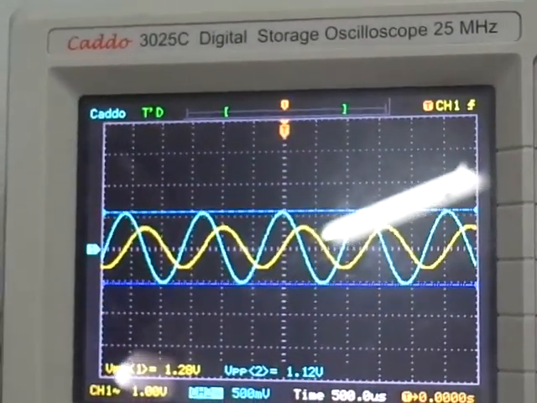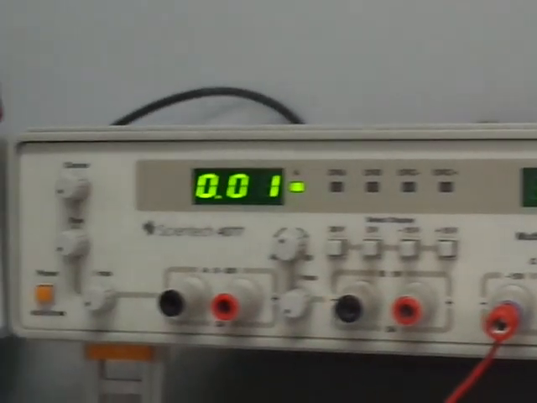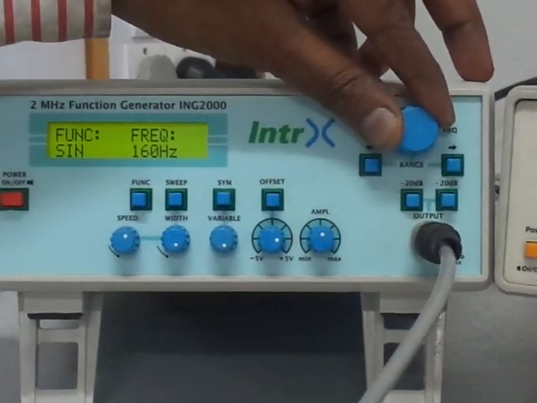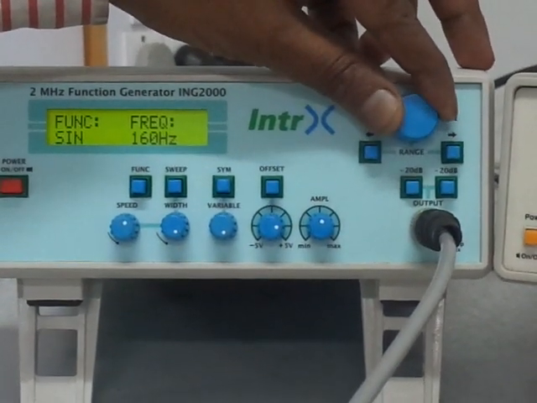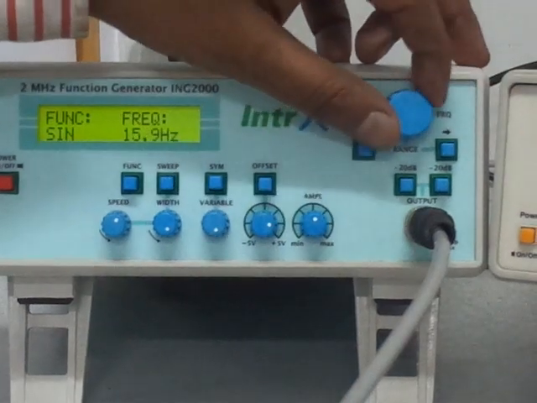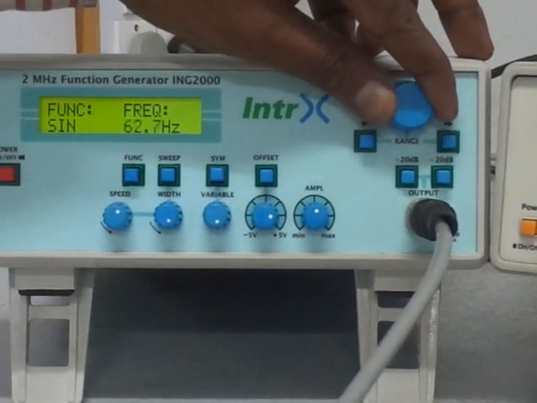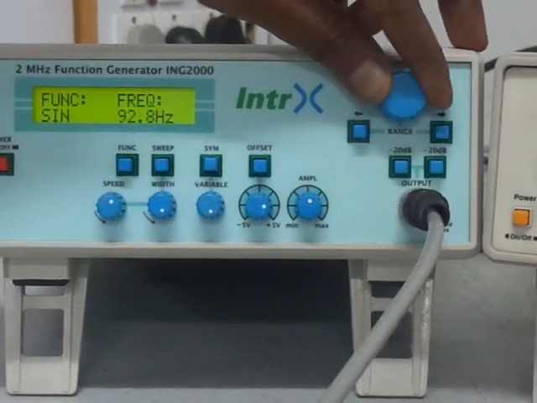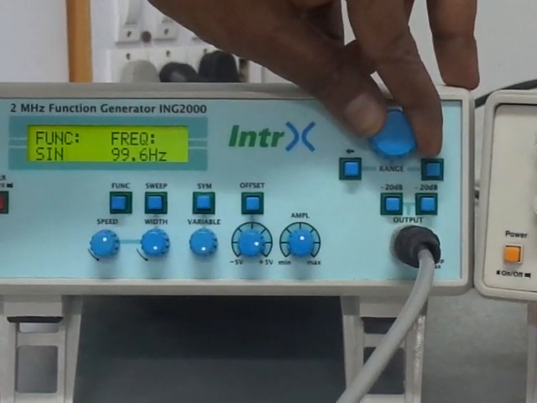If I set the input frequency to 100 Hz now, we will take the first measurement. We are adjusting the frequency to 100 Hz. Now see the results.